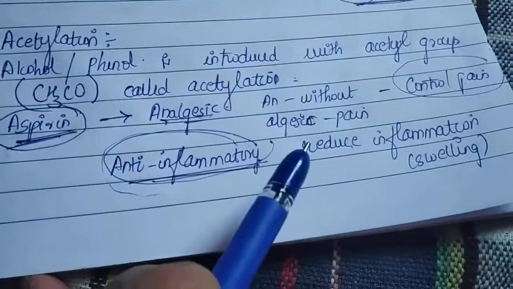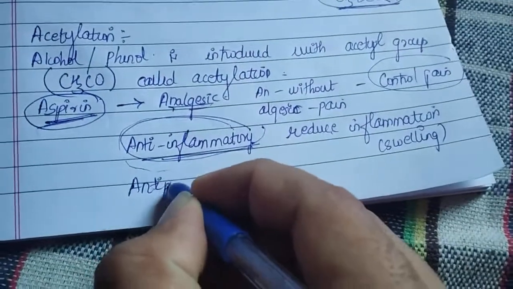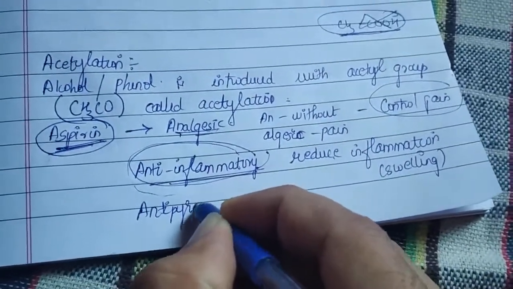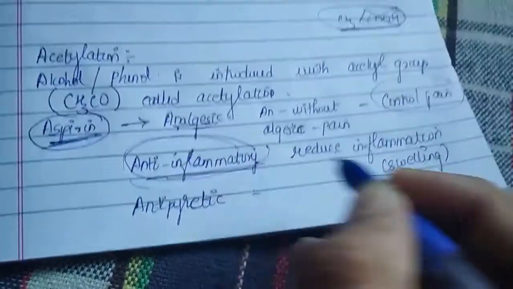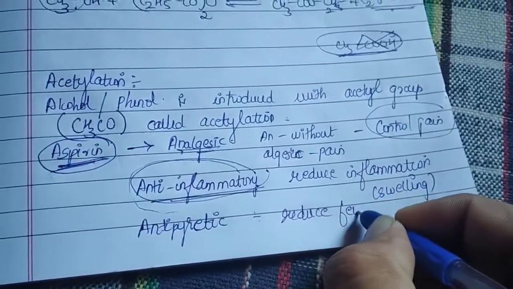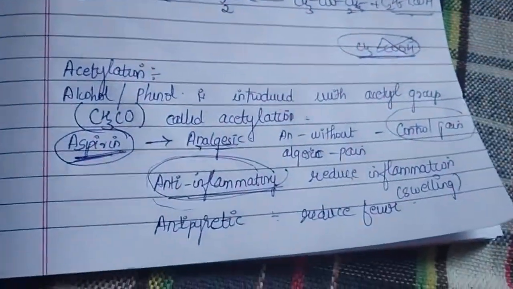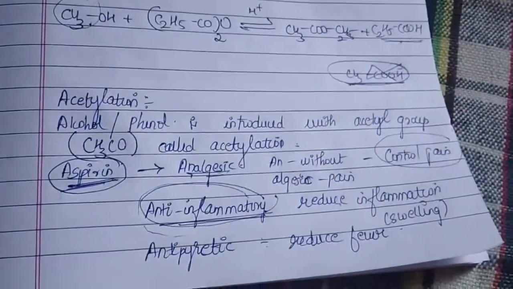Not only that, it also acts as an antipyretic drug. What does this mean? It can also be used to reduce fever. Are you able to see the important capacities aspirin has?